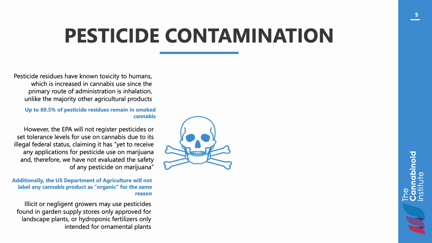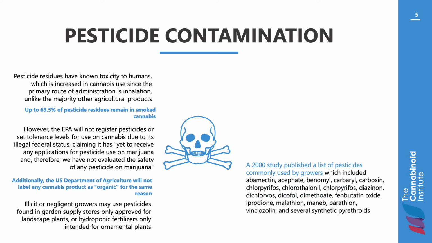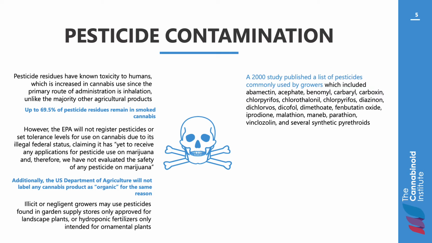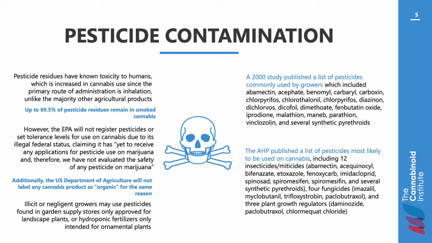In the year 2000, a study was published indicating a list of pesticides commonly used by cannabis growers and included several known harmful substances. Subsequently, the AHP published a list of pesticides most likely to be used on cannabis, which included 12 insecticides, 4 fungicides, and 3 plant growth regulators, all known to have potential harm to humans if consumed.